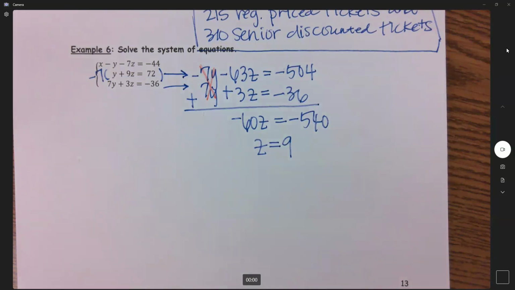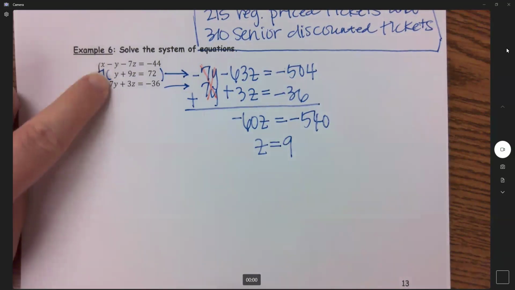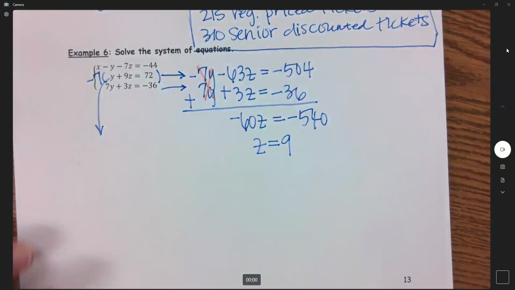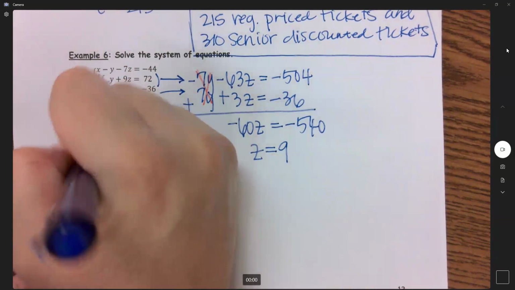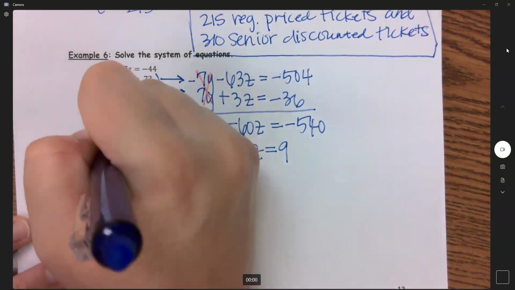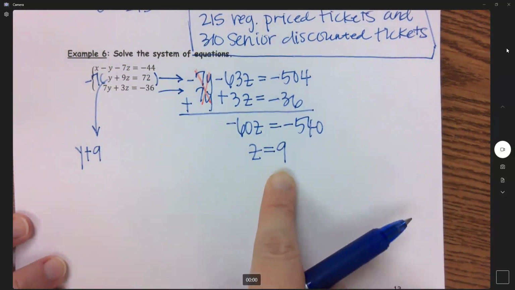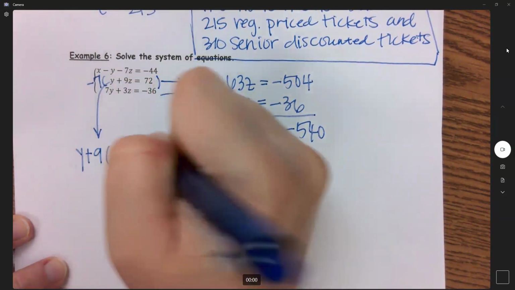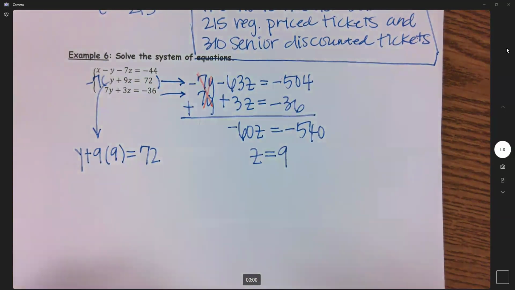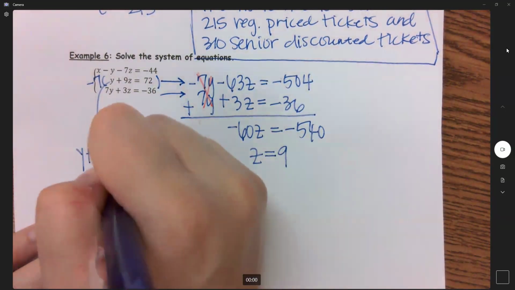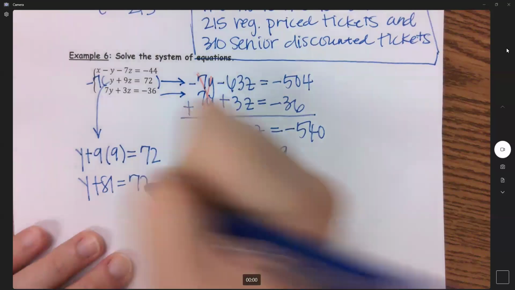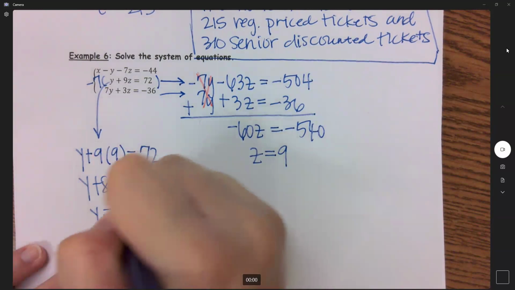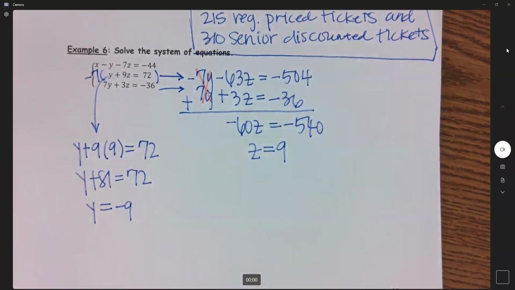I can't solve for X yet, but I can solve for Y. So if I substitute this into this middle equation again, I get Y plus 9Z, and 9 equals Z equals 72. So we get Y plus 81 equals 72. Subtract that 81 over, and we get Y equals -9.